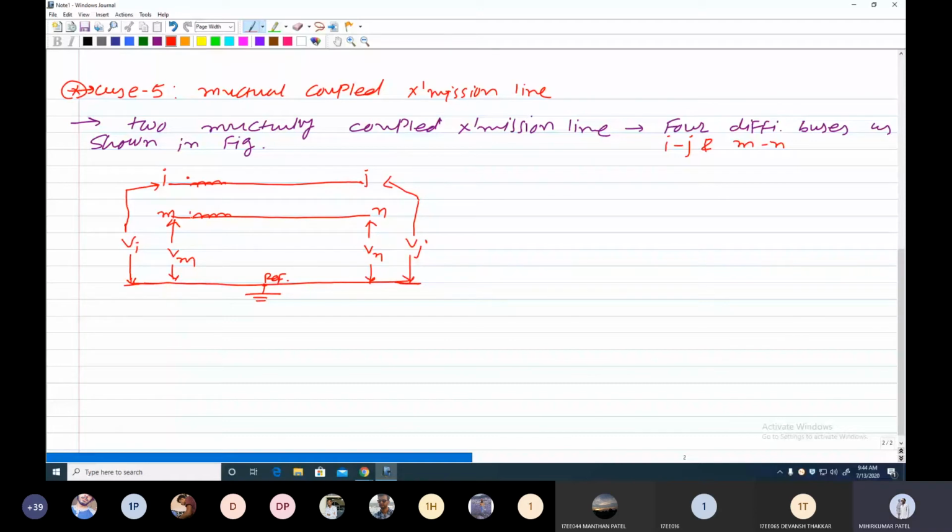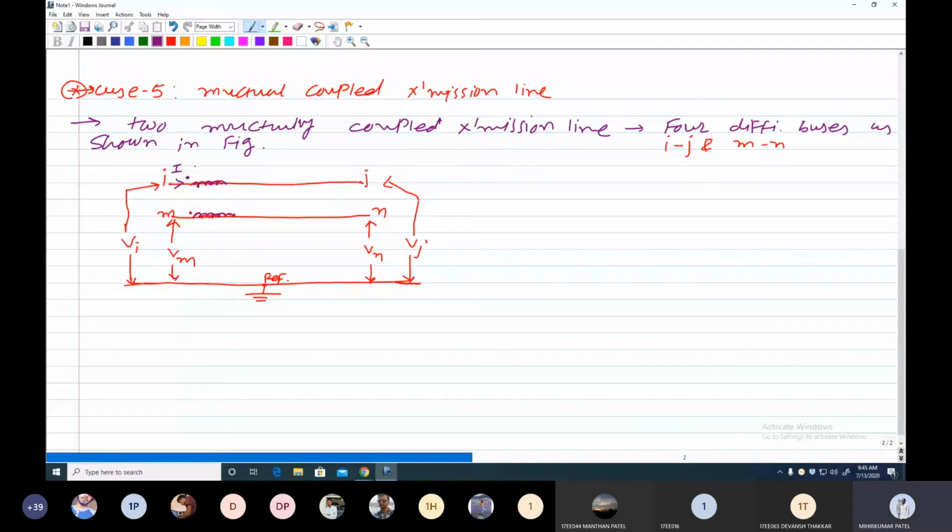This is the dot convention. What does this dot indicate? This is your impedance or reactance of the transmission line.